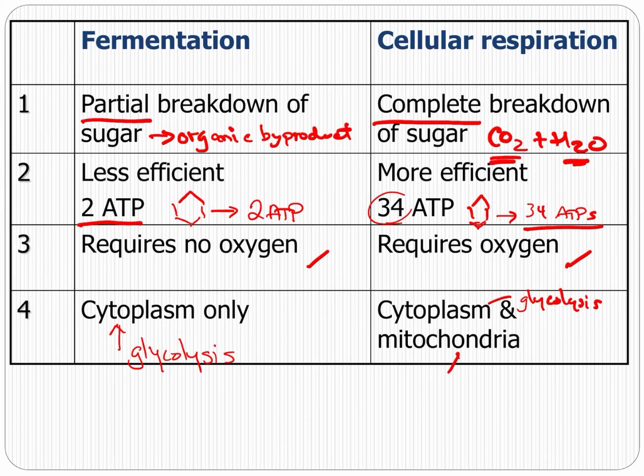But then we have our final 2 steps in the mitochondria. So the citric acid cycle, remember that was in the matrix of the mitochondria, and the electron transport chain, remember that was on the inner membrane of our mitochondria. So we really need that mitochondria for the last cellular respiration steps.